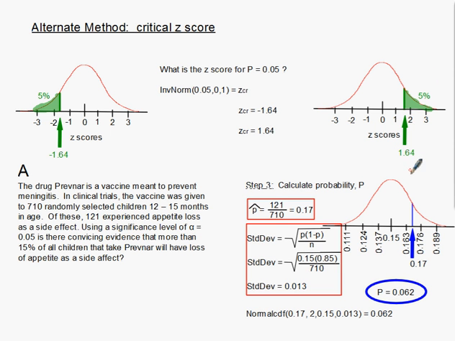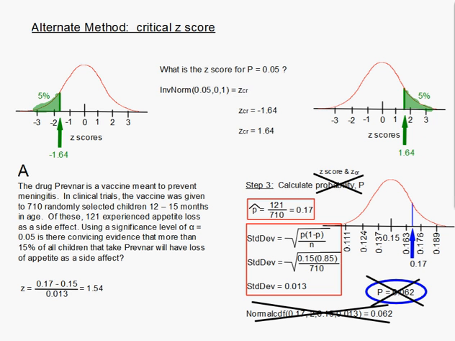Now here's our Prevnar example, and we got our probability. Again, we're not going to be using probability anymore for this method. We're going to be calculating z-score and z-critical. We've already calculated the z-critical, which is our significance level. And what we have to do is find our z-score for our 0.17.